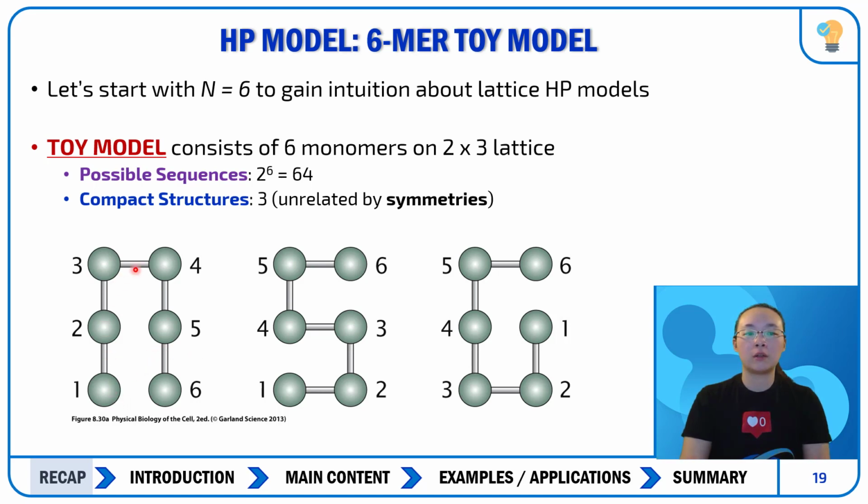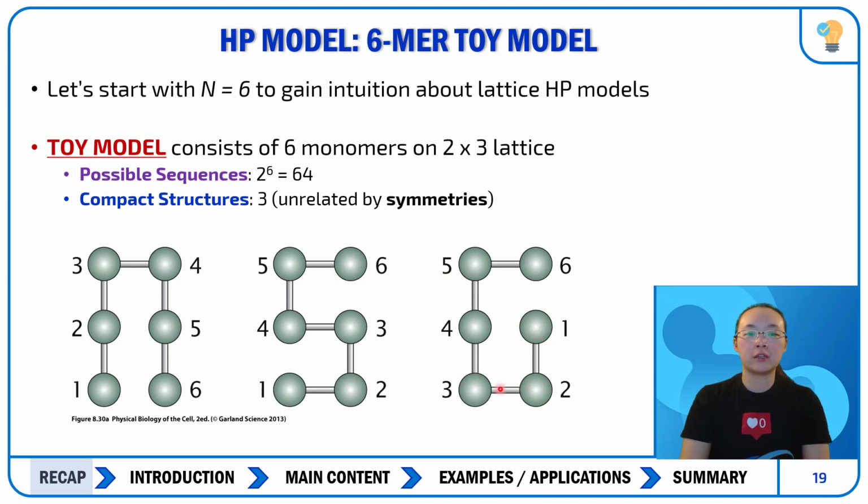You can either go all around, so that forms this U or pie shape. You can go back and forth like this, which forms your S shape. So that means you can go this way or this way as well. But no matter what and how you manipulate it in 3D space, you still end up getting that S-shaped structure. Then you have one that just goes all the way around, starting from the middle.